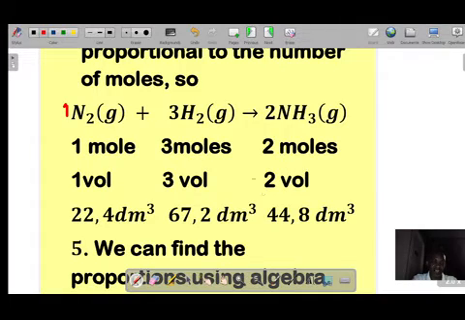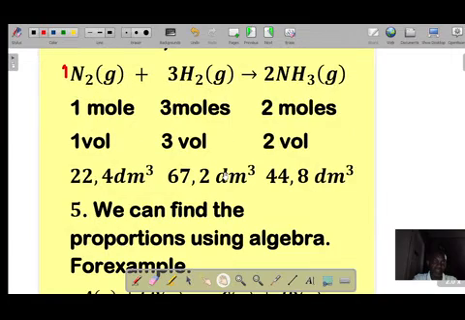So if I consider STP conditions, that is standard temperature and pressure, because this is 1 mole, it means that if I have 22,4 decimeters cubed of nitrogen gas, I am going to react it with 3 times 22,4, which is 67,2 decimeters cubed.